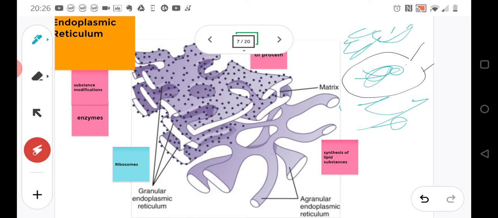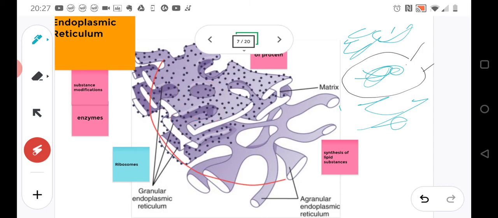Yes, they are joined, but the movement is not as easy, and they are completely separated from the cytoplasm. Because of it, there may be completely different chemical reactions happening inside. This is a critical idea. So we have different chemical reactions happening inside the endoplasmic reticulum and the Golgi apparatus than in the cytoplasm. That's why they are created, because they are just sacs with the enzymes, to be honest.